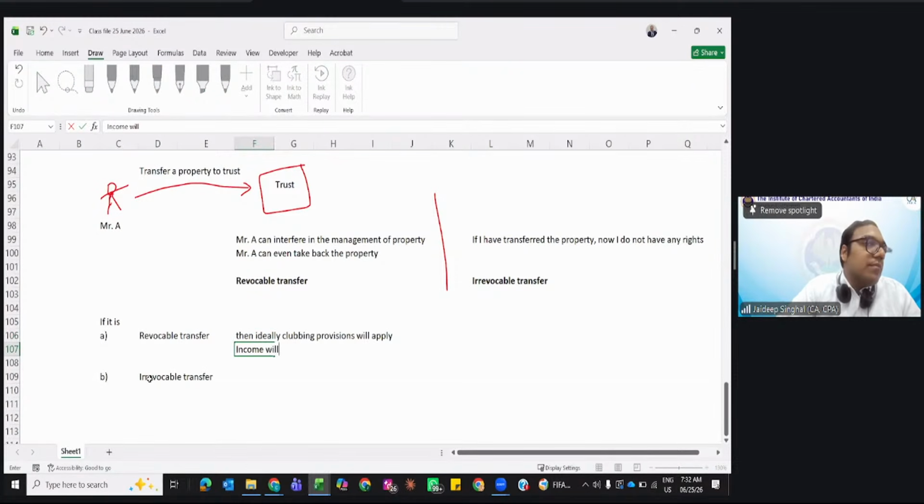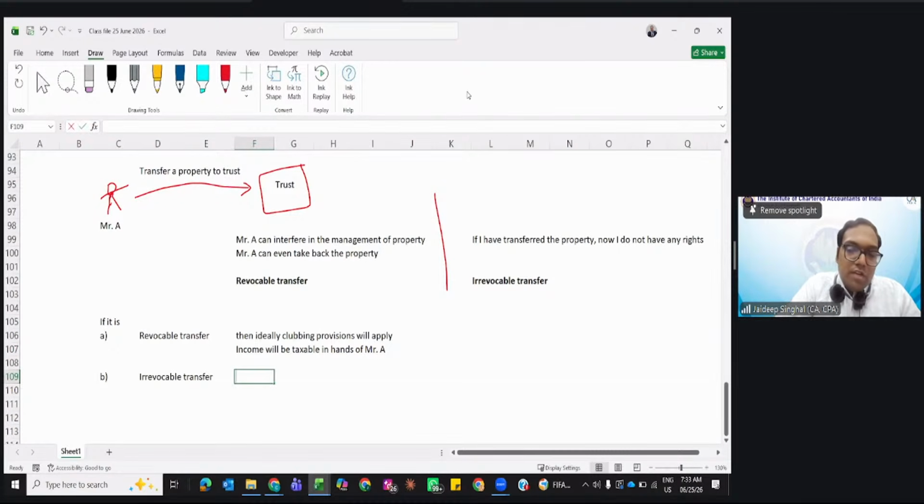Income will be taxable in the hands of the transferor even if you have transferred the property, because this is a revocable transfer. So if any income arises to the trust, this will be taxable in the hands of Mr. A.